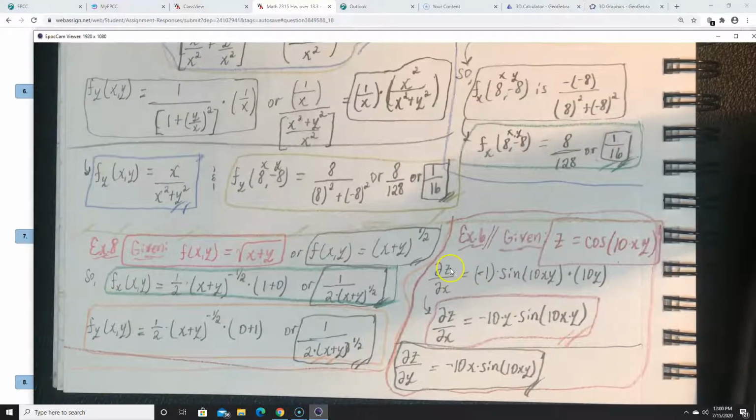The partial derivative of z with respect to x is, the derivative of cosine is negative 1 times the sine of the same inner expression, 10xy, the same part inside, times the derivative of the inside expression with respect to x. What's the derivative of 10x times y with respect partially to x? So the y is considered a constant. It's a multiplied constant just like the 10 is.